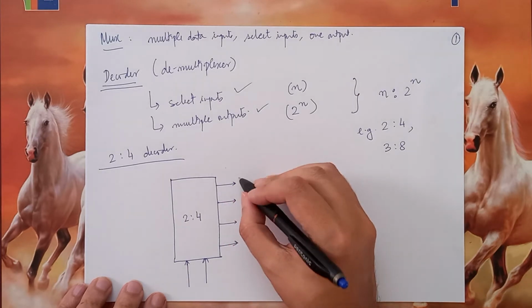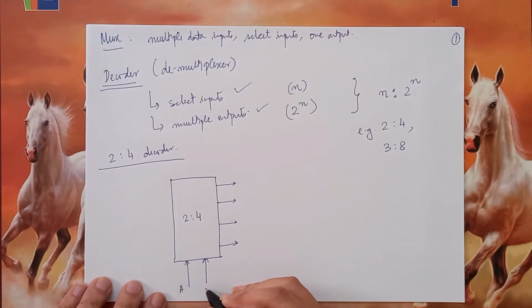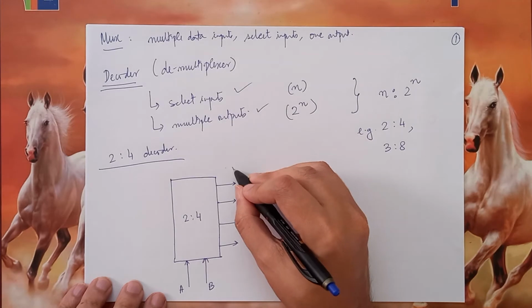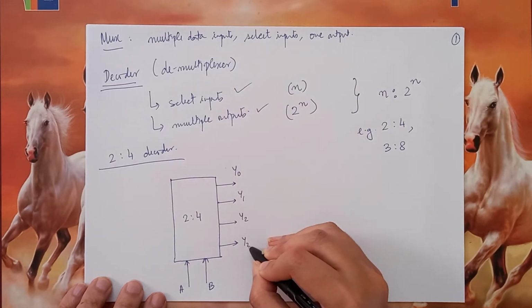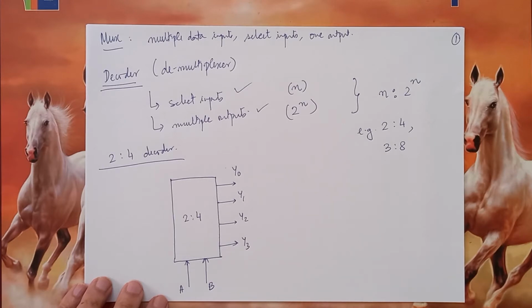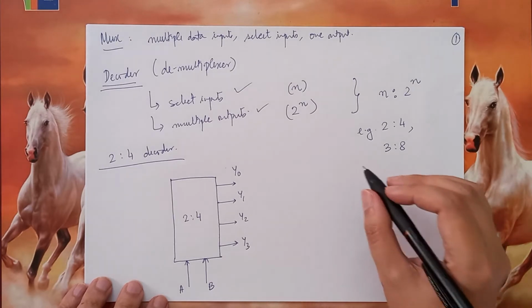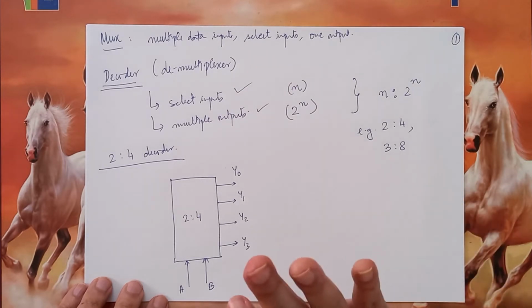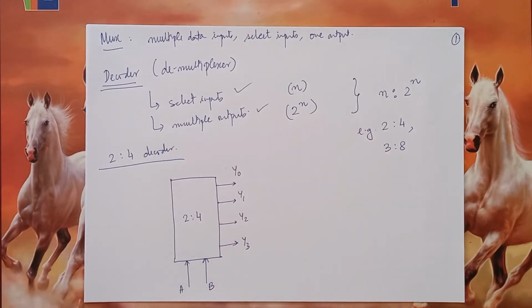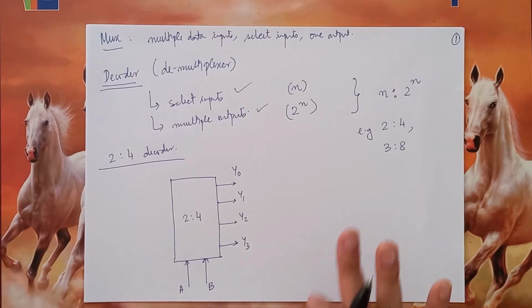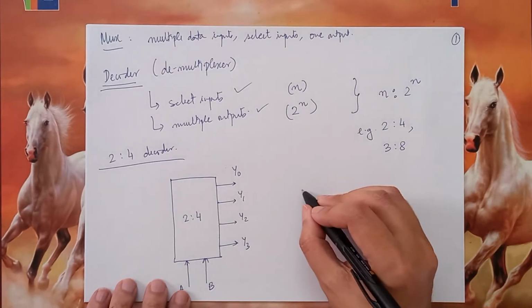Let us say there are two inputs A and B, and the four data outputs we'll call Y0, Y1, Y2 and Y3. Now let us see how this works. The decoder so far looks pretty much like the opposite of a mux, but in its functioning it is slightly different, and let us see how.